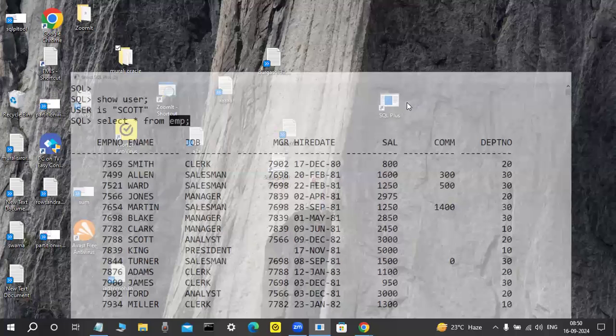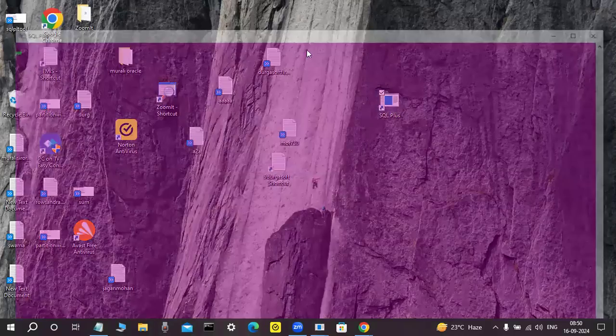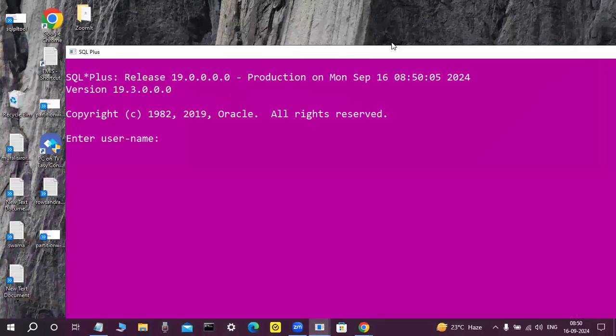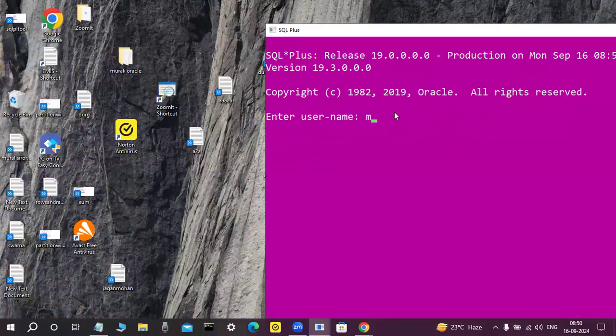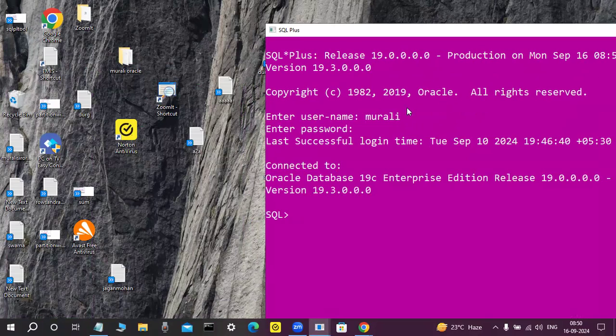Suppose I am working in a company. My name is Murali. My database administrator gives me a username and password, my name and a password. Murali, daily you connect to the server by using this username and password, they tell me. I connect to the server. What is this server?